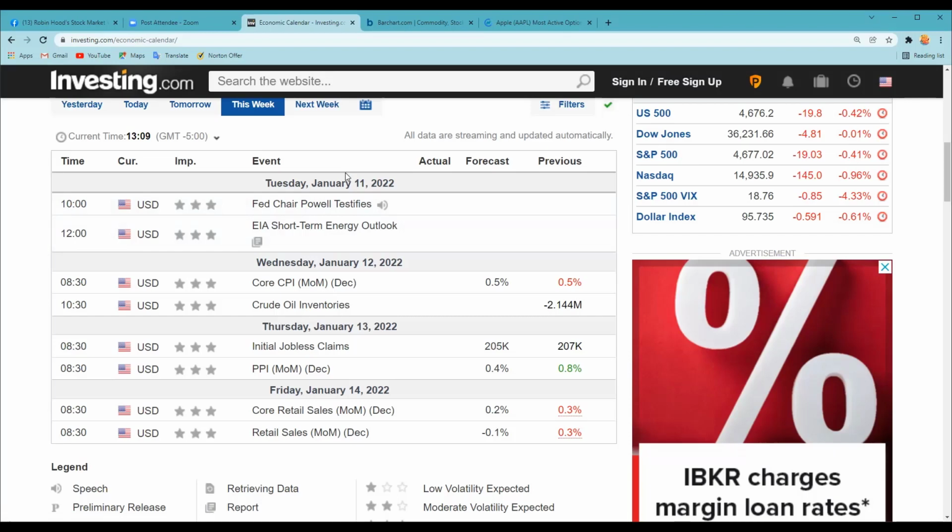We don't normally see economic reports on a Monday or a Friday, but we do see some this Friday, which is great for the volatility that we're looking for. Monday can still be volatile, because coming back from the weekend, you have a lot of people holding from the weekend that are going to sell.